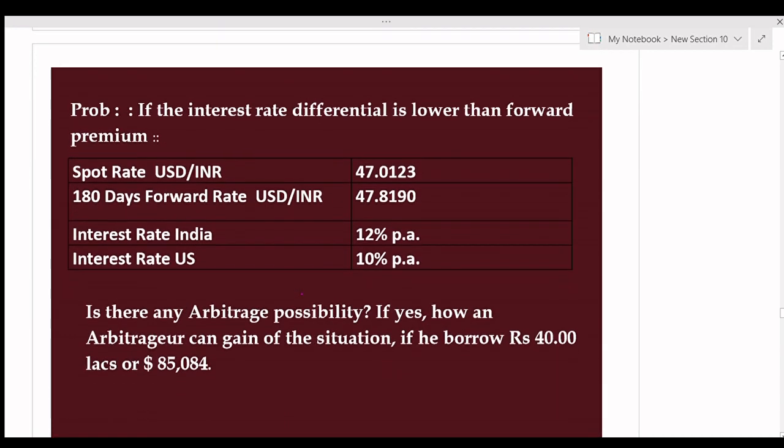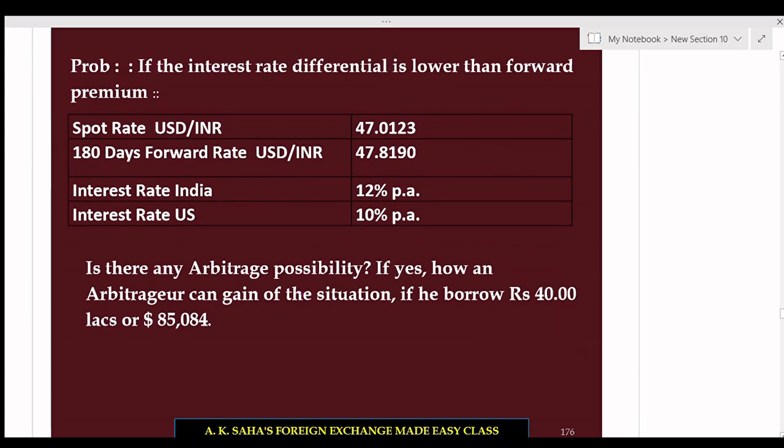Now the reverse case. If the interest rate differential is lower than the forward premium, here the forward premium you have already found is 3.43% and the interest rate differential is 2%. Interest differential 2% is less than the forward premium rate. So an arbitrage opportunity exists.